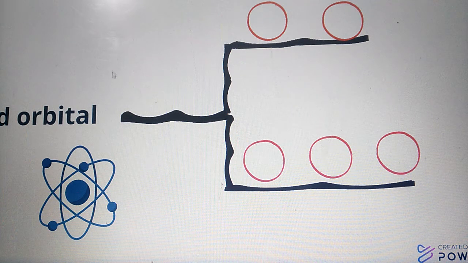This is the vertical axis which represents energy. As ligands come toward the central metal atom, the orbitals of the d subshell in its valence shell divide into 2 groups, Eg and T2g. Eg is of higher energy and T2g is of lower energy.